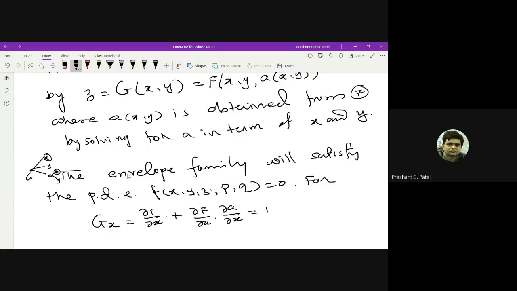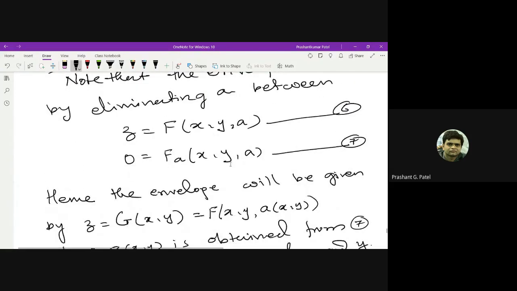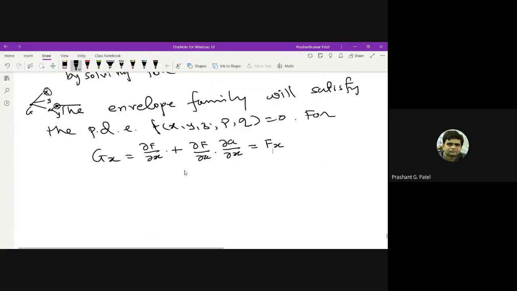And this is nothing but the capital F_x, because F_a is 0 due to equation number 7. Equation number 7 says that F_a is 0, so del f upon del a is 0.